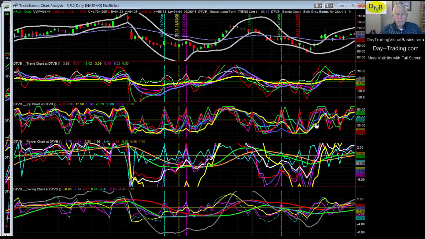Conditions for a red peak would suggest that your short-term trend lines are going down, or at least under zero, if they're not going down.